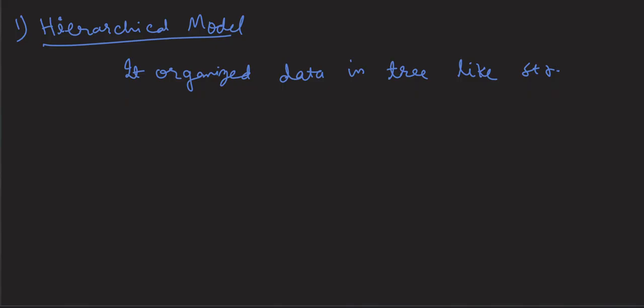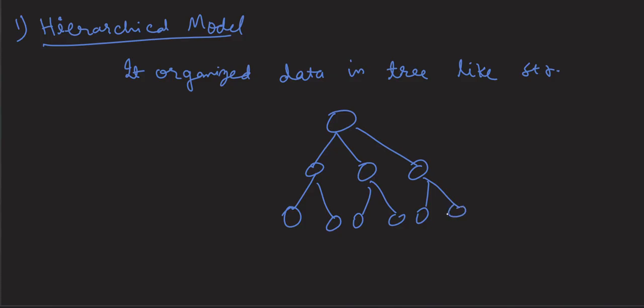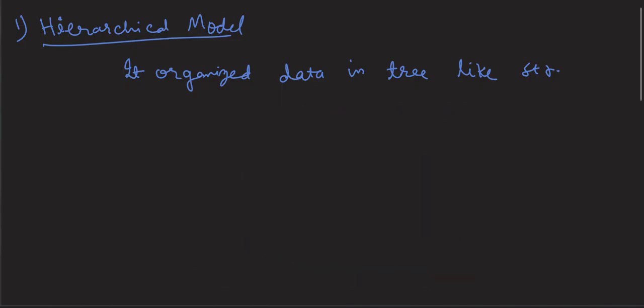I hope everyone knows about trees. Like this is the root node, and these are the children nodes, and there are so many nodes here. So like this, you can consider a hierarchical structure. This is written over here: it organizes data in a tree-like structure.